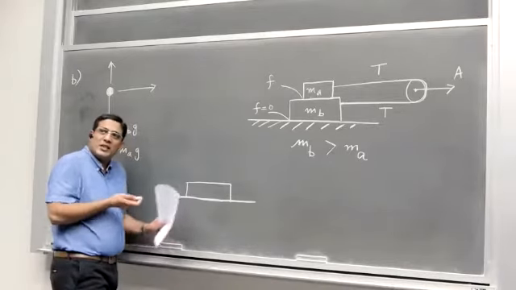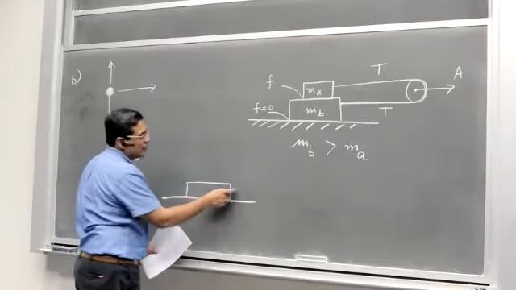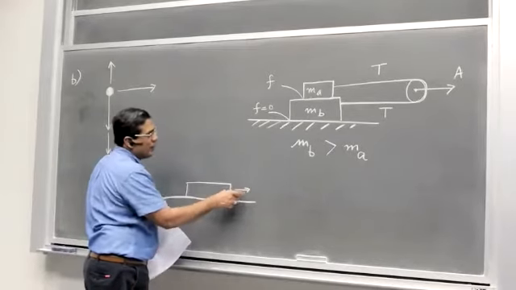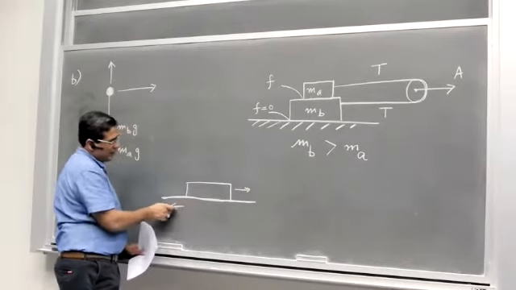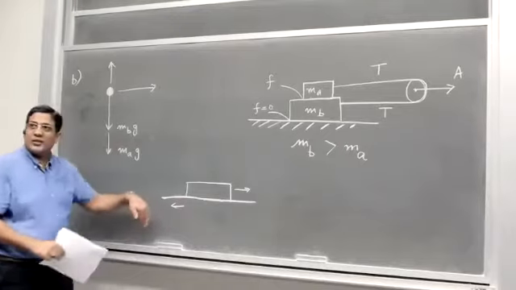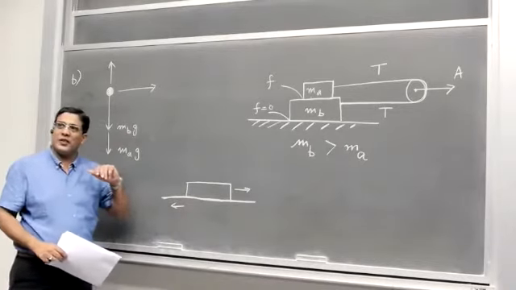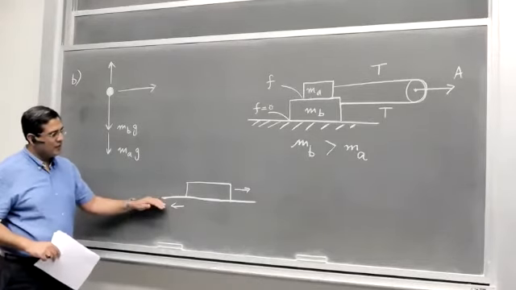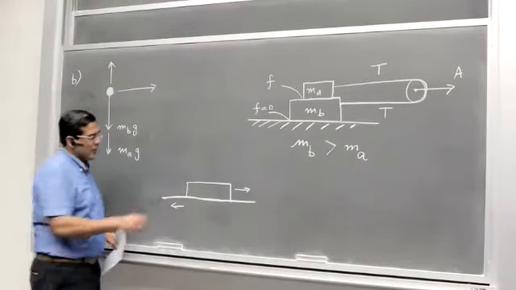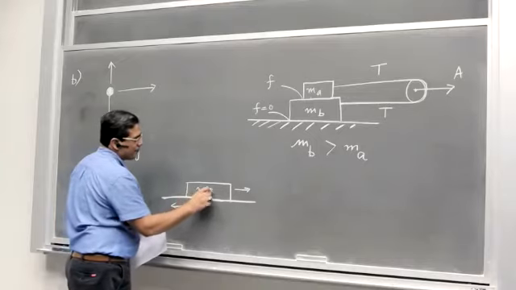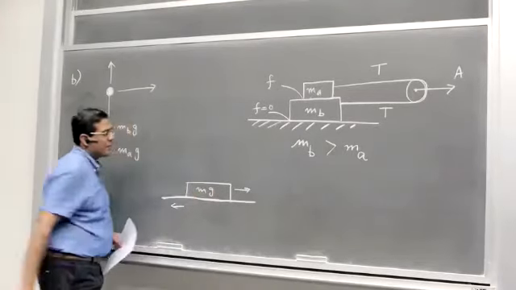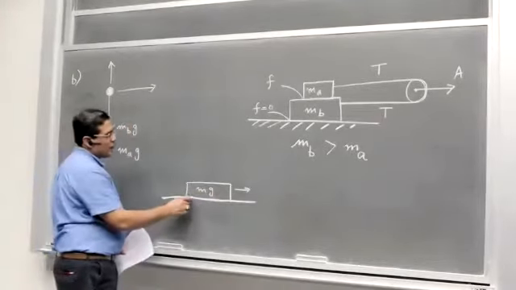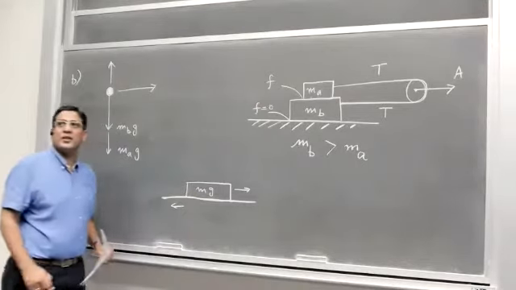They just have to move with respect to each other. So let's say that the lower surface moves in this direction, upper surface moves in this direction. Let's say this is Earth, and we know the mass of this object. So there would be a force of friction between these two surfaces.